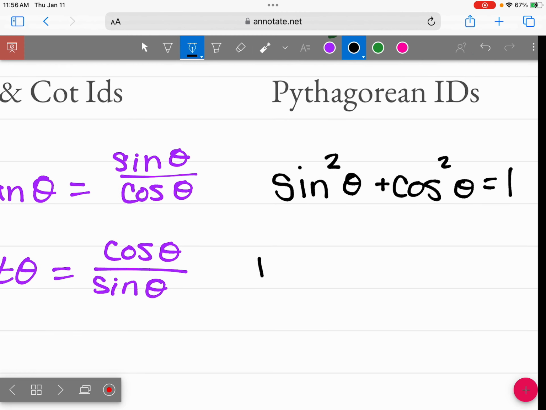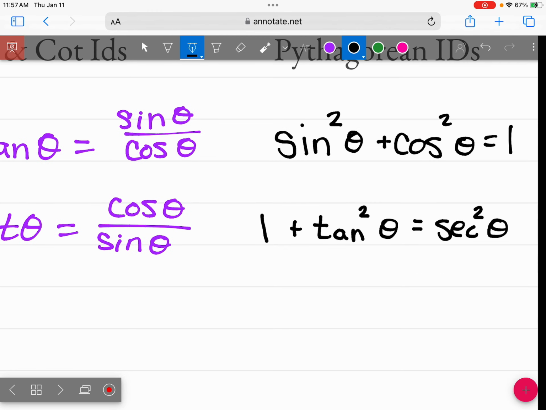Another important one: 1 plus tangent squared of theta equals secant squared of theta. One more identity: 1 plus cotangent squared of theta equals cosecant squared of theta.